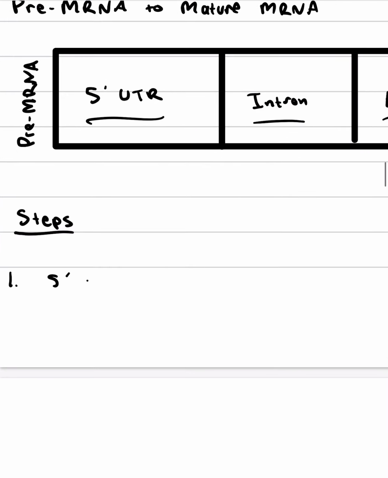When 5' capping occurs, you have modified guanosine nucleotides that are added to the 5' end of the pre-mRNA. And what that does is it aids in the export and acts as protection for the mRNA strand.